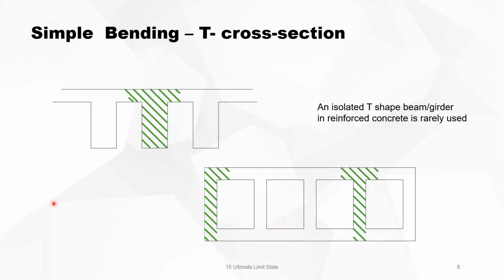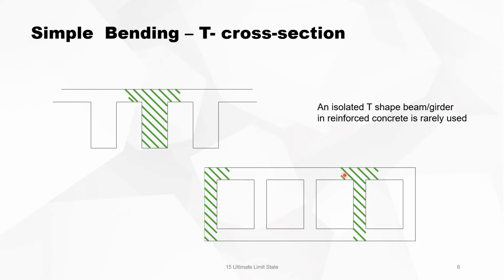But on site, if you have a floor, for instance, with beams and a slab, the actual behavior of the floor is in fact always a T-shaped action. It's one T-shaped girder next to the other. So indirectly, you have T-shaped sections that you have to calculate. Even for tunnels, the calculation in the longitudinal direction comprises T-sections.